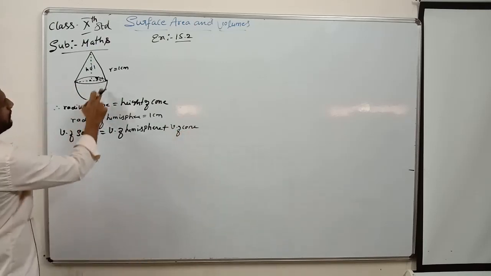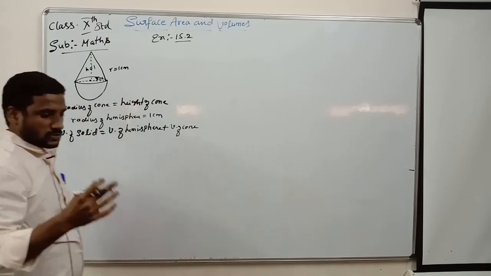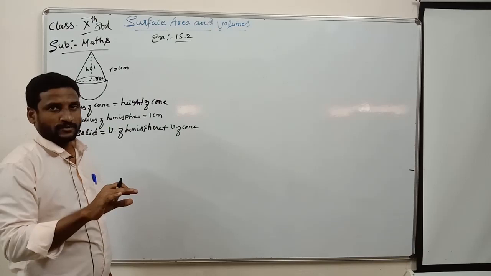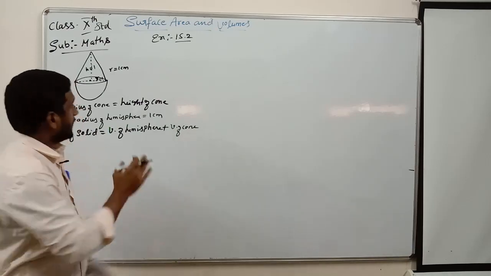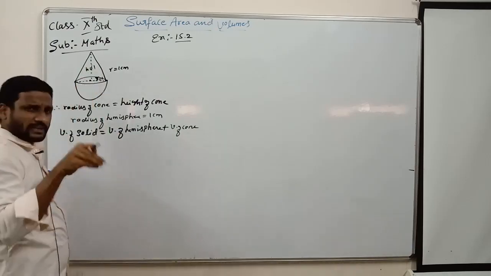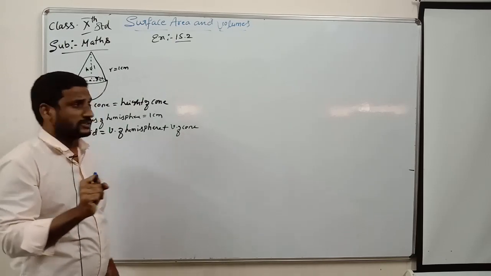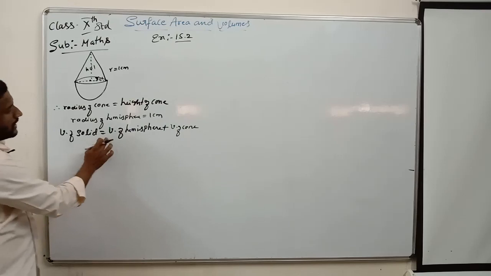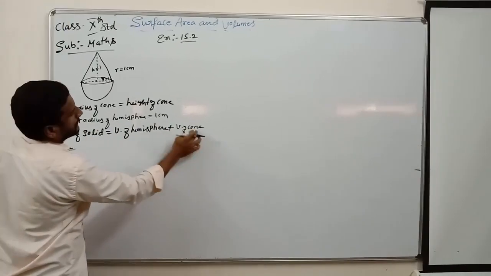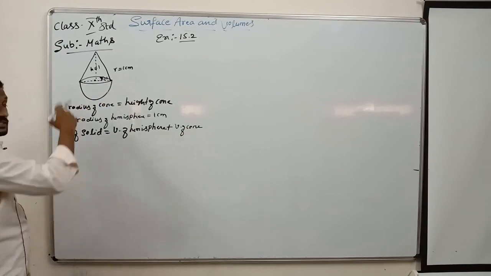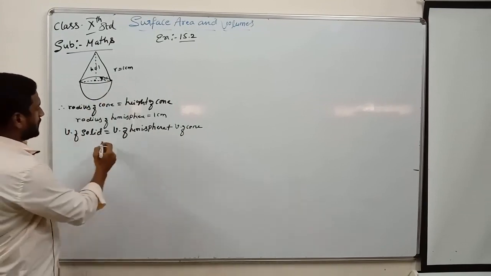Volume means how much space is there inside the hemisphere, or the capacity of the hemisphere. Similarly, the volume of the cone is how much capacity it holds, water or any quantity. If you add the volume of the hemisphere and the volume of the cone together, you get the volume of the resultant solid. So substitute the formula.